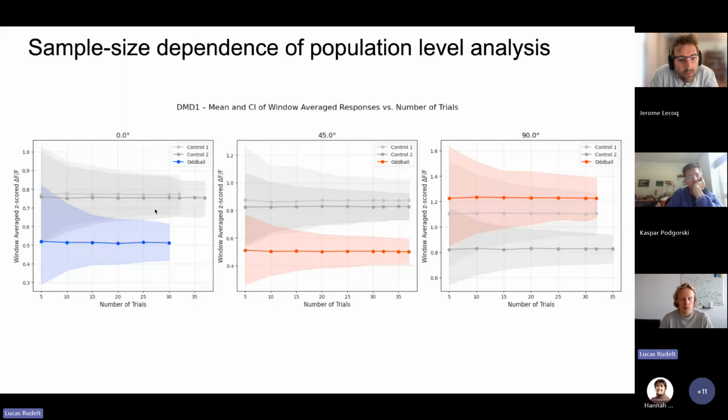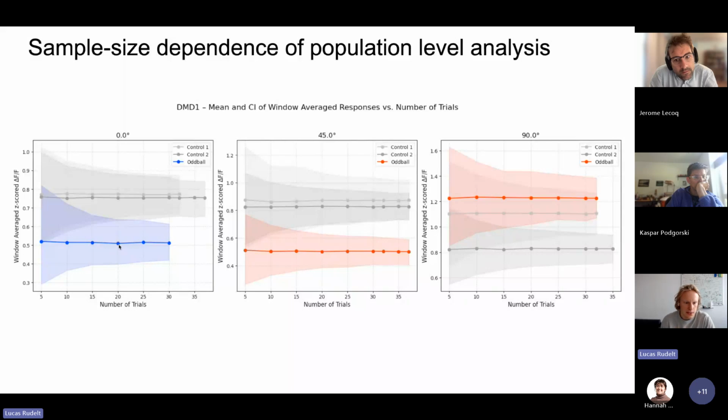These are again units that are responsive during any of the conditions, so that's why we do not see this depression between first control and second control in this plot. And the shaded area is the standard error of the mean over the different samples.